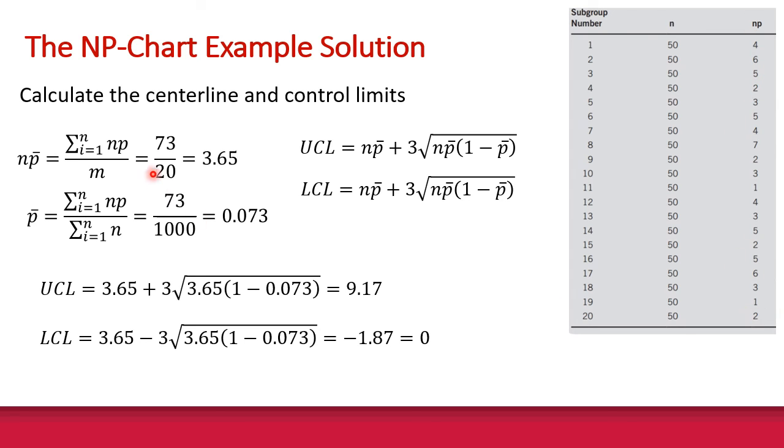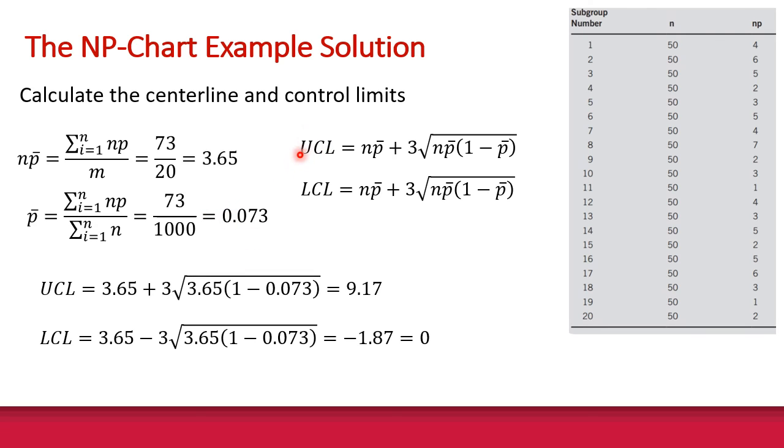If you add all those up again, you get 73. The sum of n is just counting up the second column, 50 plus 50 plus 50, all the way down. So it's 50 times 20, because we had 20 subgroups, so that'd be 1,000. So the probability of one of those being bad is 0.073.